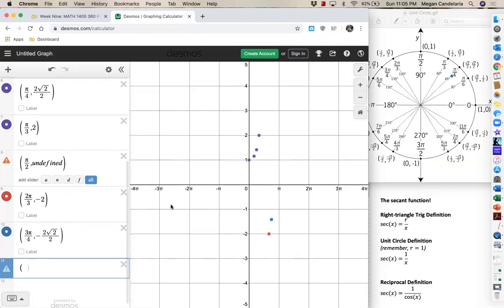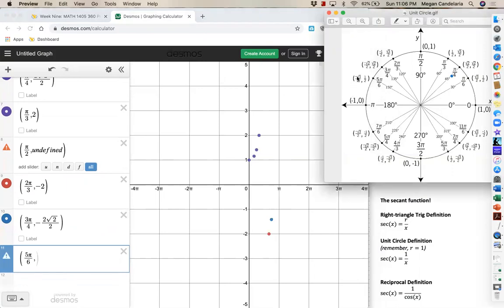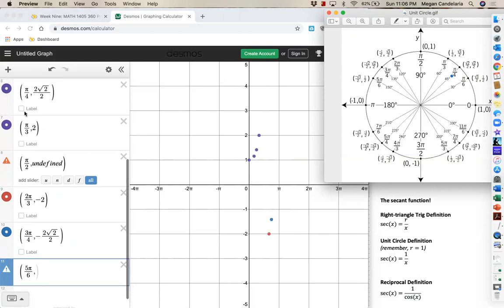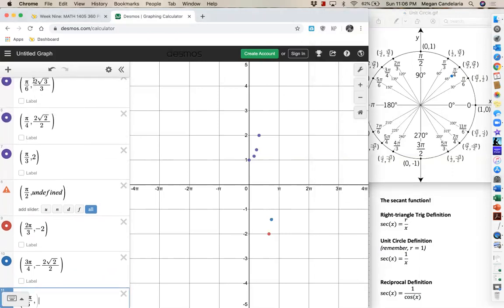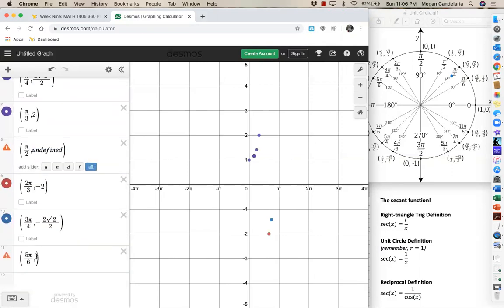When we are at 5 pi over 6, then our x value is negative square root of 3 over 2. That's going to be 2 over negative square root of 3. Reciprocating that, I'm going to get lazy and do some copying, is going to give us negative 2 square root of 3 over 3.